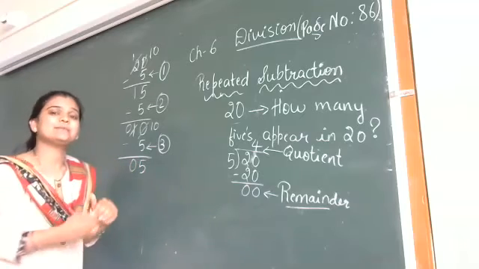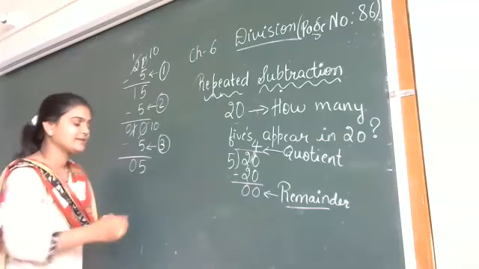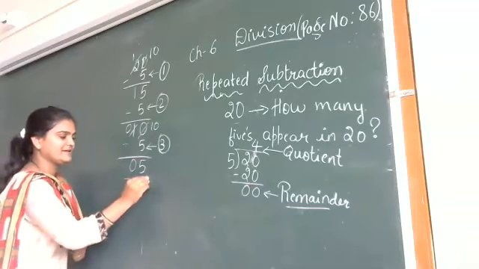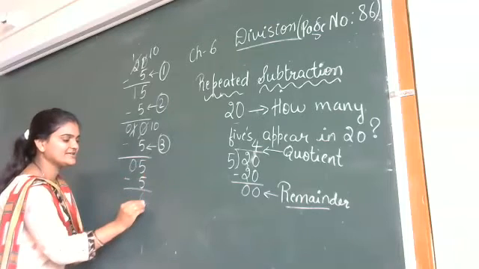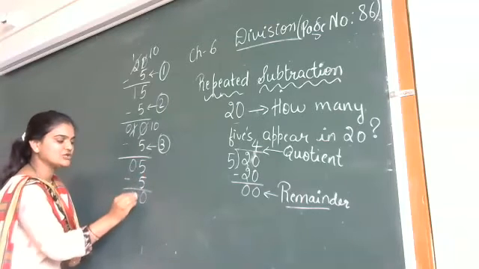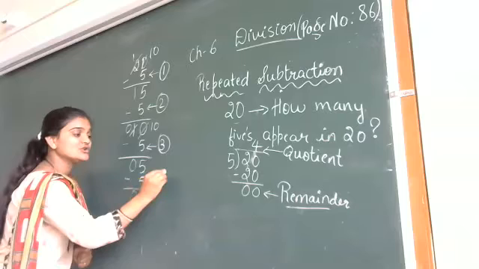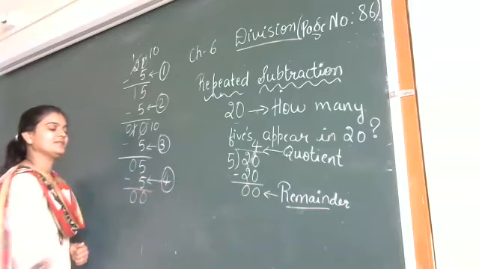Okay. Can you again subtract 5 from 5? 5 minus 5 is 0, ma'am. Yes. 5 minus 5 is 0. So the quotient is 4.